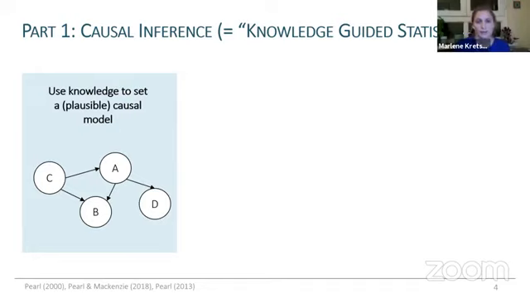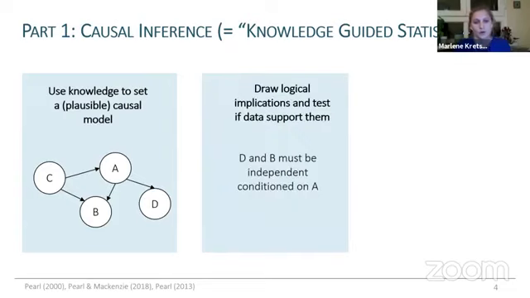Explicitly outlining these assumptions first has the advantage that we can draw logical implications from this model and test if they're supported by the data. In this example, D and B, we would expect to be correlated, or statistically associated, because they're both driven by process A. But once we control for A, we would expect them to be independent. If they're not, then our assumptions must be wrong.